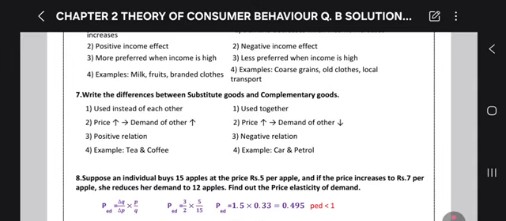Next, write the difference between substitute goods and complementary goods. Substitute is nothing but alternative goods.